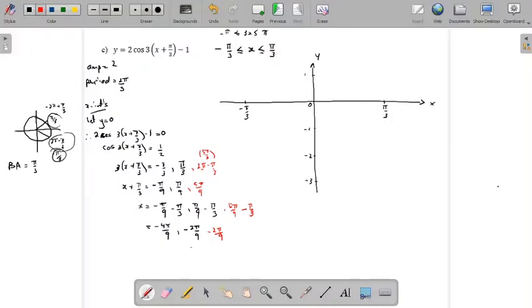Okay, so these here are the 2 x-intercepts that we want, which is in this domain for which we're sketching.